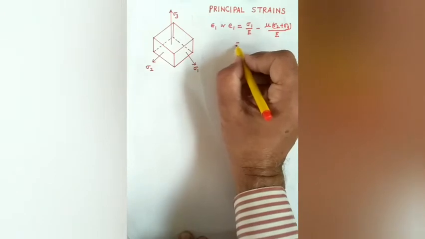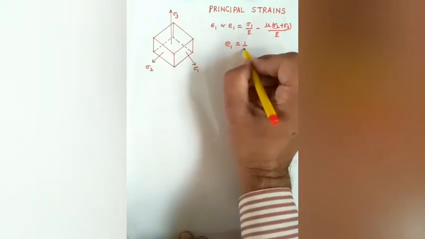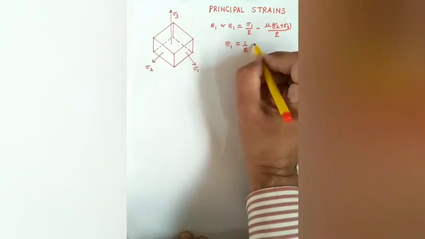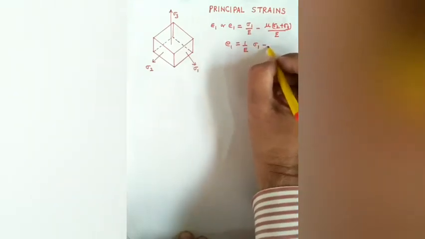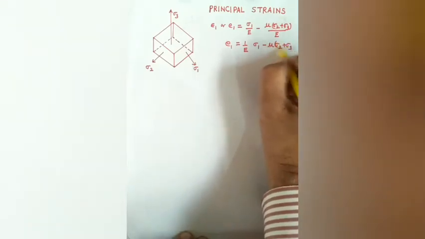So simplifying, we can write E1 is equal to 1 by E [sigma 1 minus mu (sigma 2 plus sigma 3)].